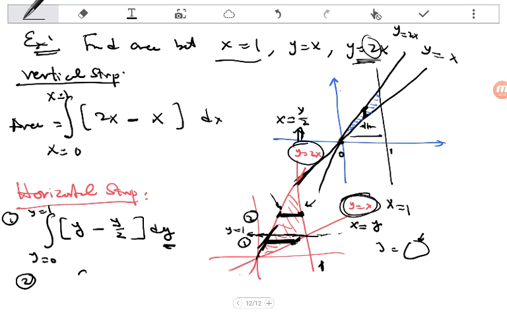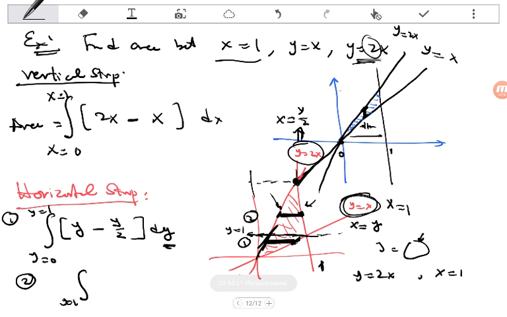For the second part, the second integral, the strip slides from y equals 1 until y is equal to this point of intersection. So I need to know at which y this point of intersection occurs. So I intersect y is equal to 2x with x equals 1.